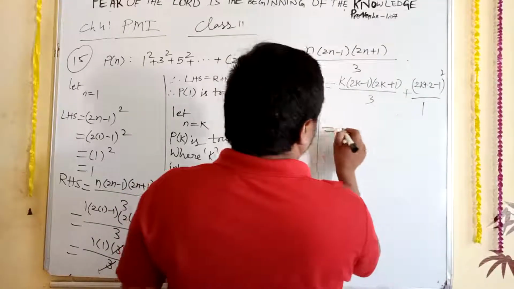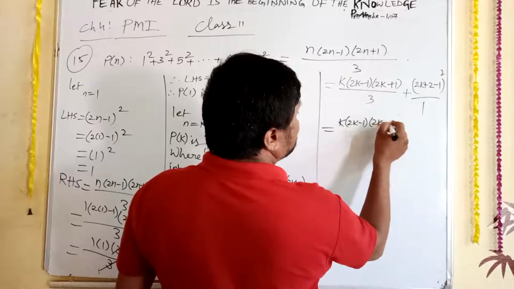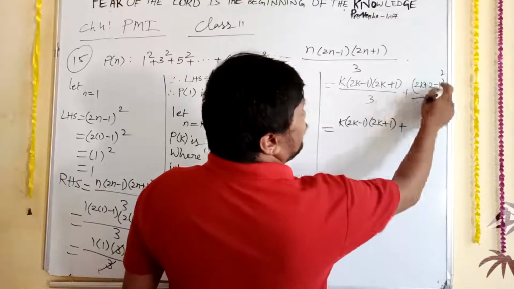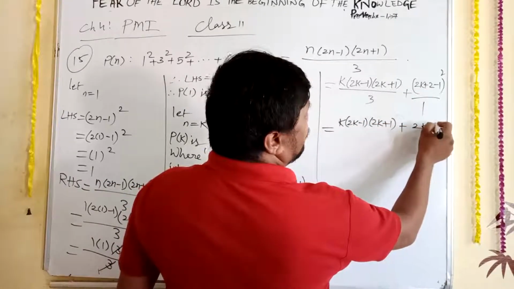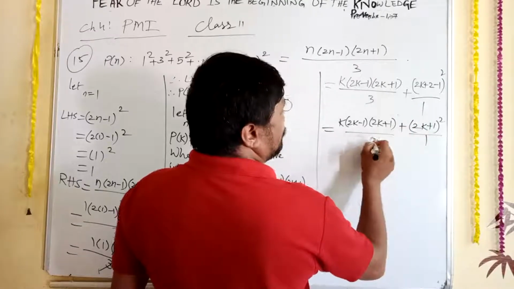So now we can write k into (2k minus 1)(2k plus 1) plus here we are going to get (2k plus 1) whole square, upon 1 and upon 3.